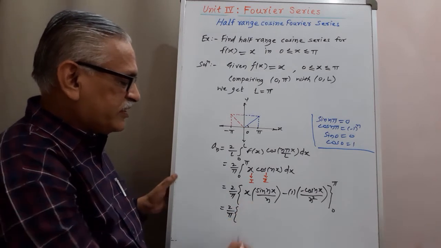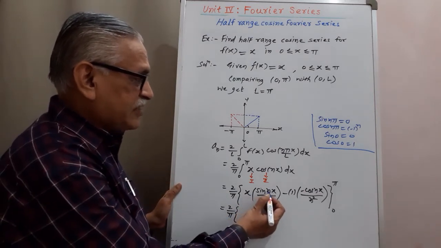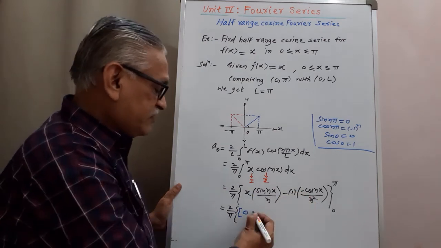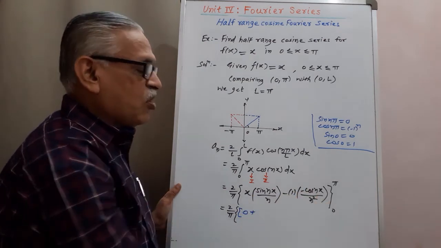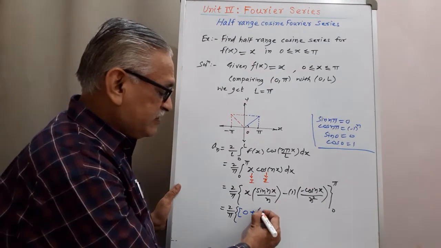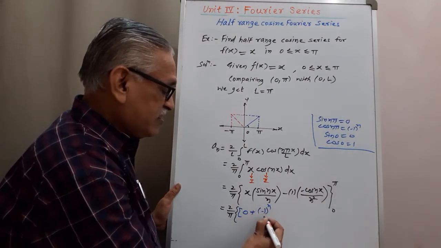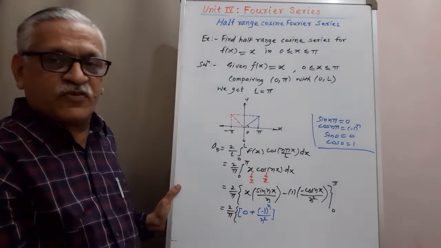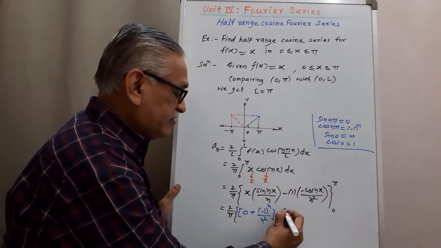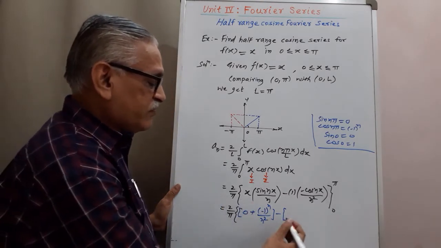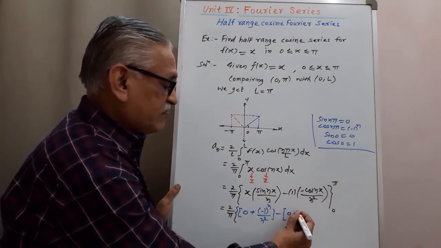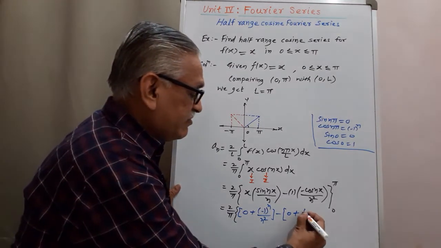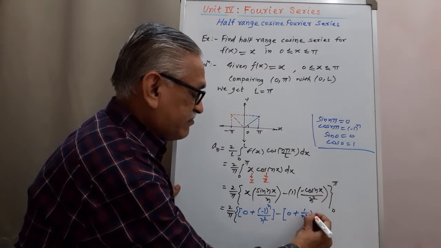Therefore, substituting it, we get sin n pi, the value of sin n pi is 0, minus minus it becomes plus cos n pi, the value of cos n pi is minus 1 raised to n divided by n square, for the upper limit, minus lower limit, when x is 0 this term becomes 0, plus cos 0, the value of cos 0 is 1 divided by n square.